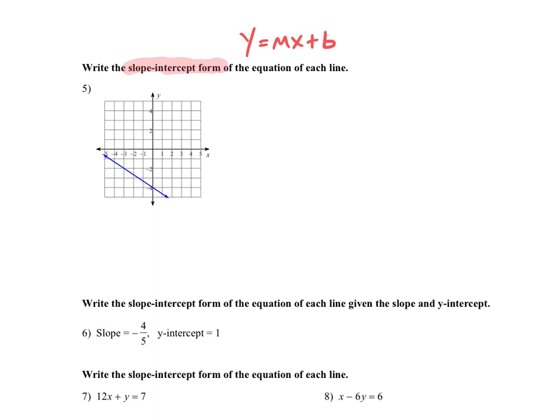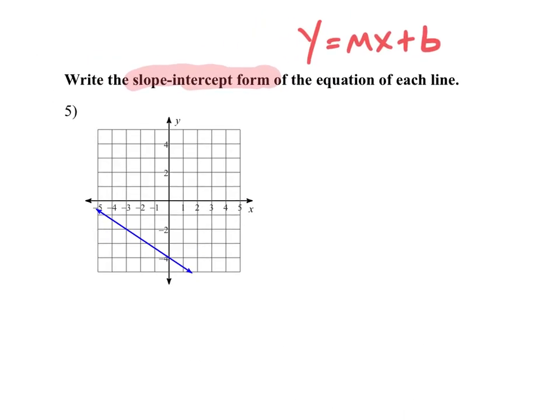Okay? When they give you a graph, you have to find the slope, and you have to find your b value, which is the y-intercept. Well, what's the easiest one to find? Yeah, the y-intercept, because it is down here at -4.